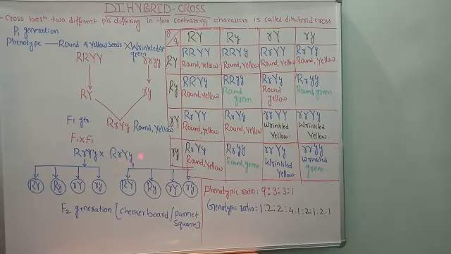Lastly, small r, small y. Because this is a cross between two different characters, the gametes will be like this. Thus there are four types of gametes in the male and the same four types in the female. Totally, four different types of gametes are produced in the F1 generation.